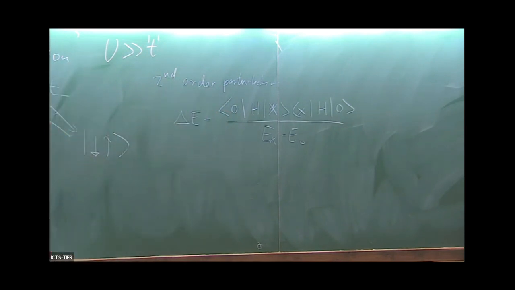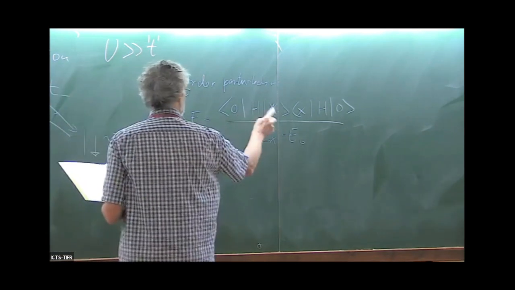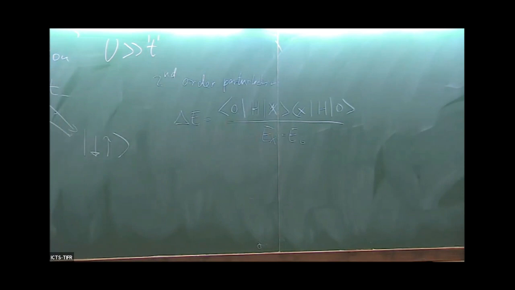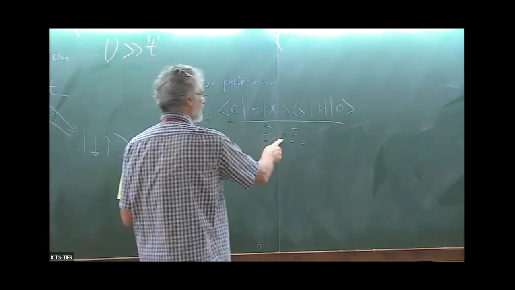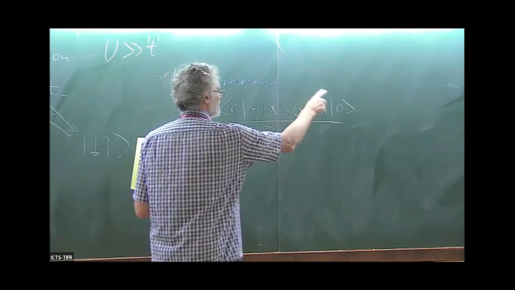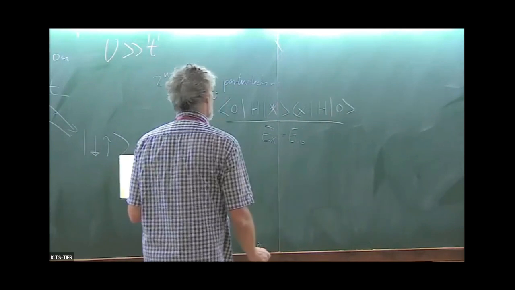What we want is an effective matrix element that will connect these states. The value of the effective matrix element is the transition amplitude, t, divided by the energy, U, and the transition occurs twice, so it is t squared.